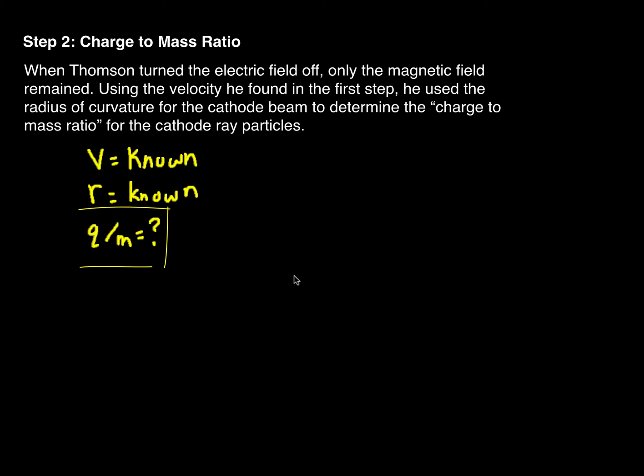He was looking for the charge-to-mass ratio because he had no way of knowing the individual charge or the individual mass, but he could find how they related to each other. He used Fm equals QVB, and Fc, the centripetal force, equals mv squared over r. When the particles travel in a circular path, the magnetic force is equal to the centripetal force.